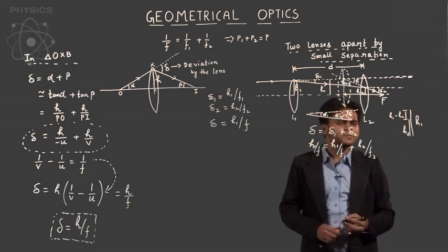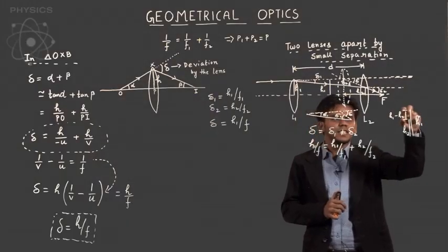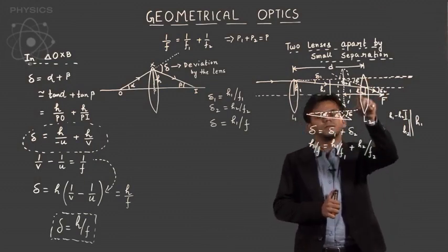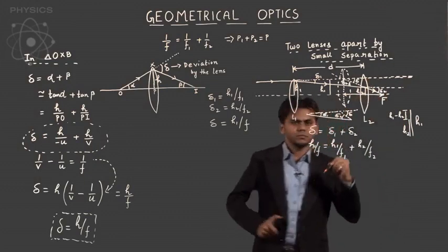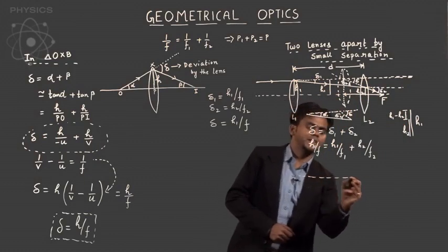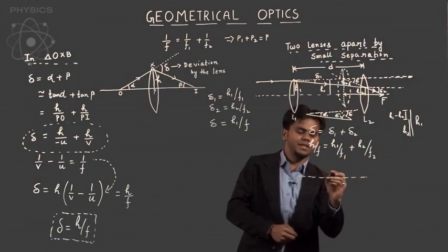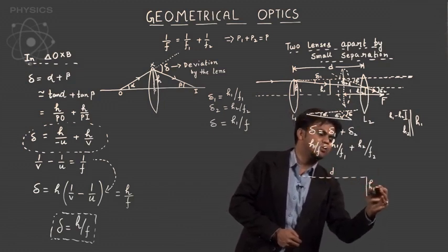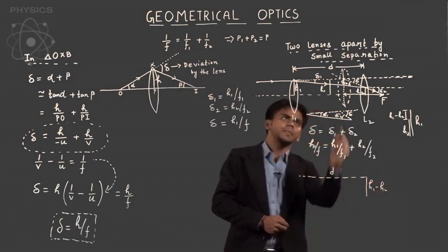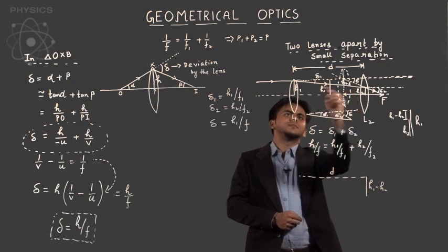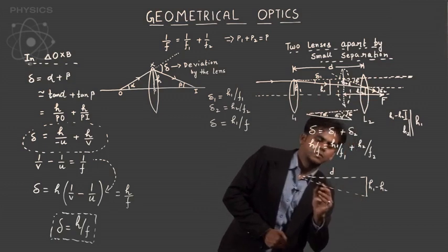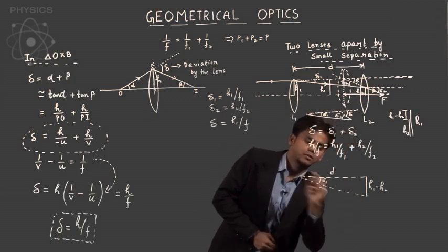So this essentially becomes H1 minus H2. Now if this thing is H1 minus H2, in a bigger triangle, this triangle, what you would get is, this guy is D, this guy is H1 minus H2, and this angle over here is delta 1.